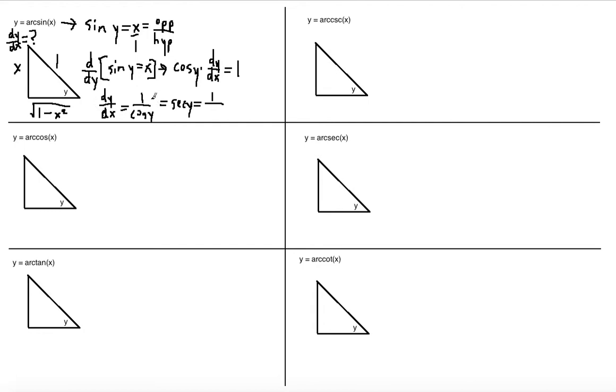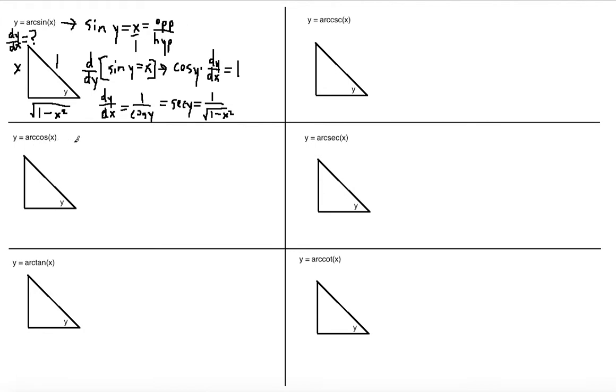Here's my adjacent, the square root of 1 minus x squared. So my derivative of the arc sine is 1 over the square root of 1 minus x squared.